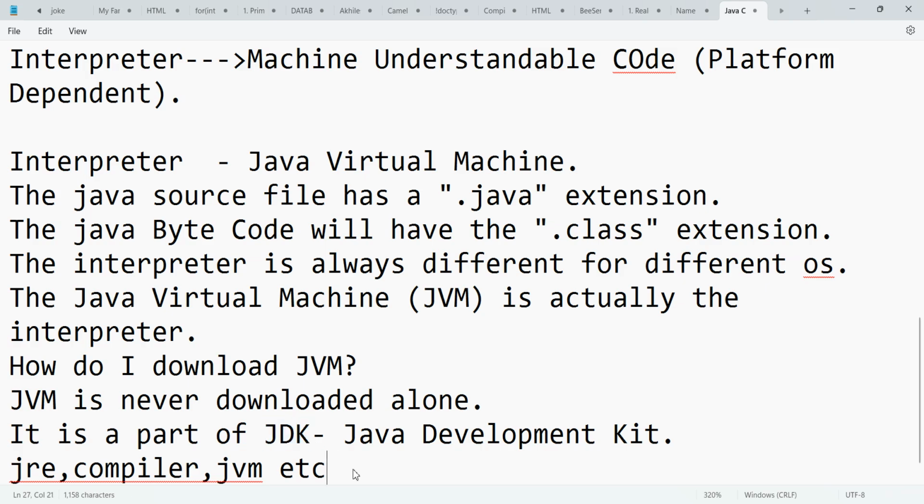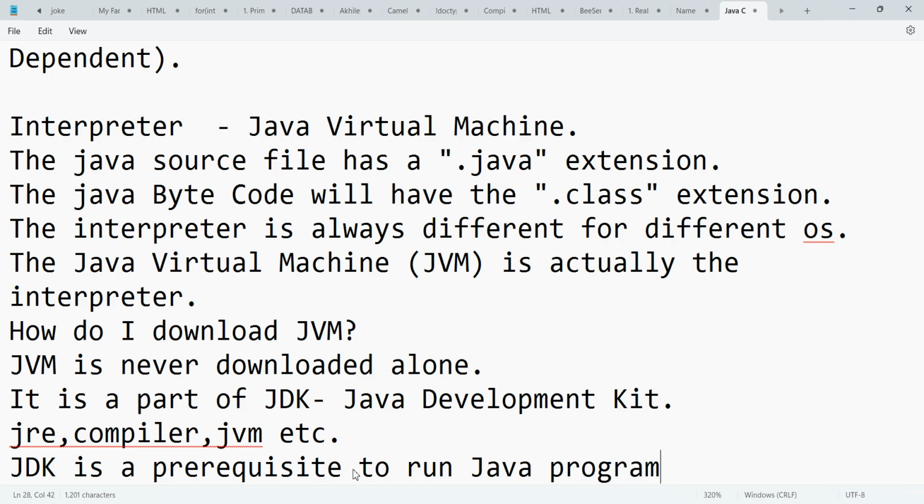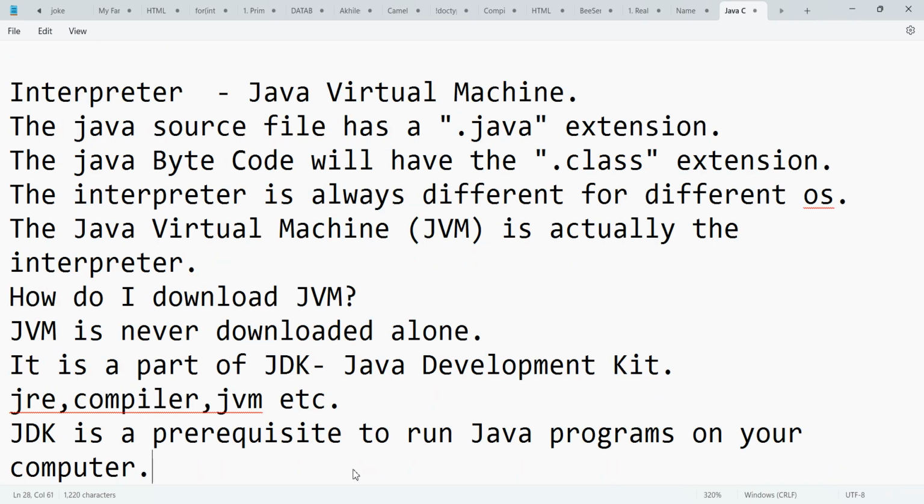Never ever will your Java program run on your computer if you don't have a JDK installed. First prerequisite: JDK is a prerequisite to run Java programs on your computer. However, no such development kit is required if you are using other programming languages, especially the latest ones like Python or R or SQL and so on. Note it down. JDK is clear, JVM is clear.